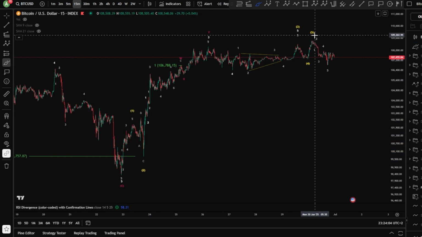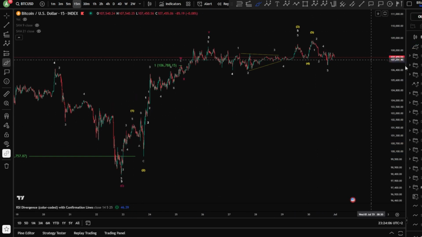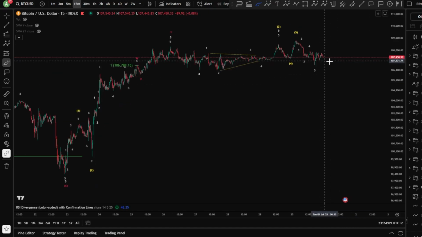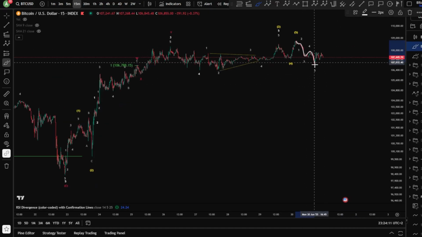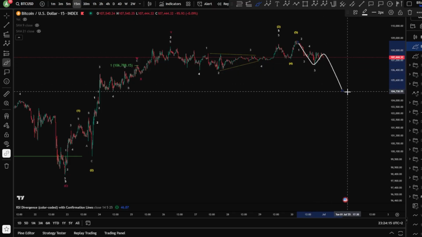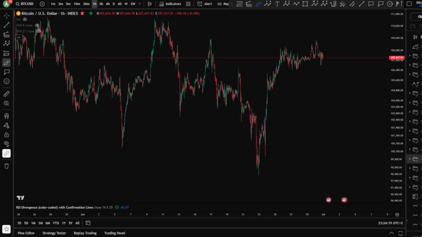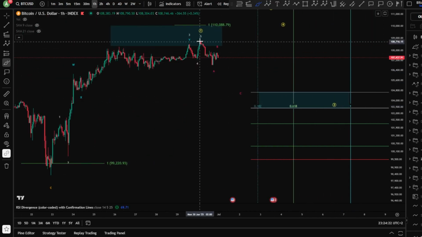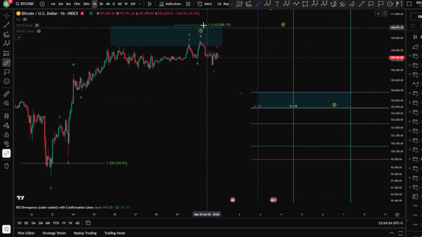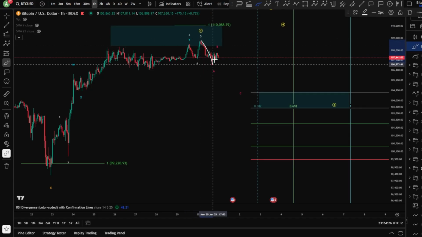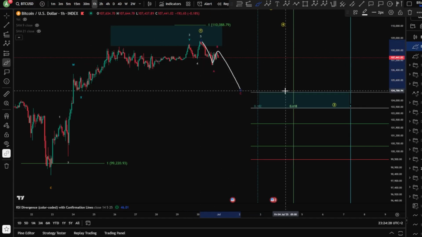So what we see right now after this wave 5, we have of course on the micro level an impulse toward the downside. As expected, we are expecting here an A, B and a C. So let's go back to the 1 hour chart and remove the micro, as already explained. So what happened here? Now we see this count, wave 1, we have an A, B and a C toward the downside.